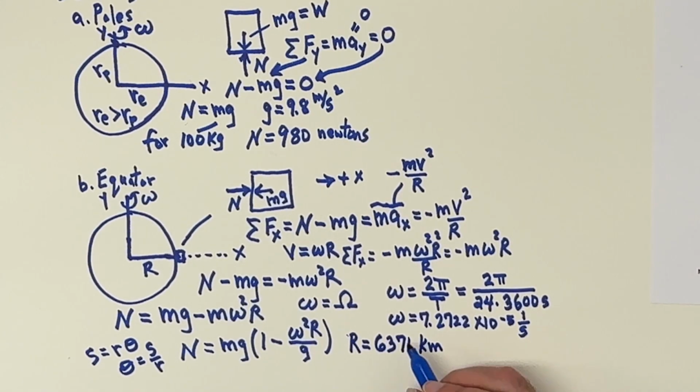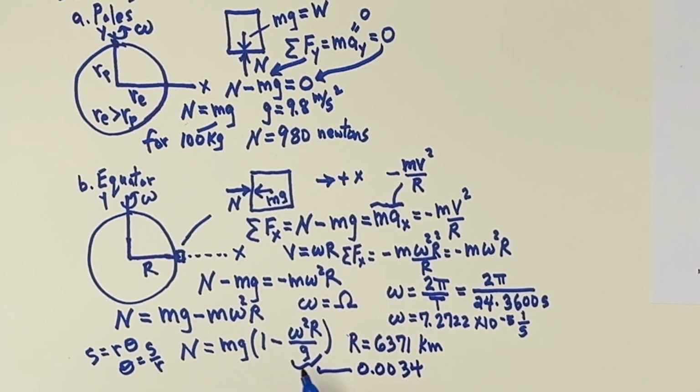And when you put this in, and in the book at my website that goes with this, you find out that for all this stuff in here, you get 0.0034.